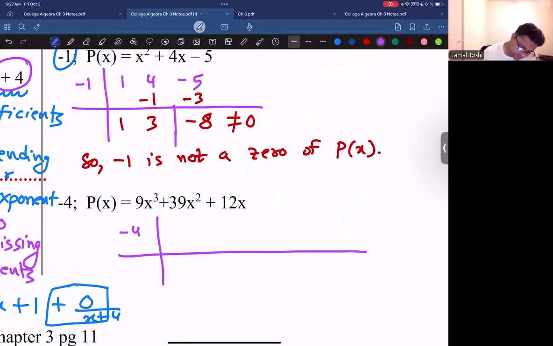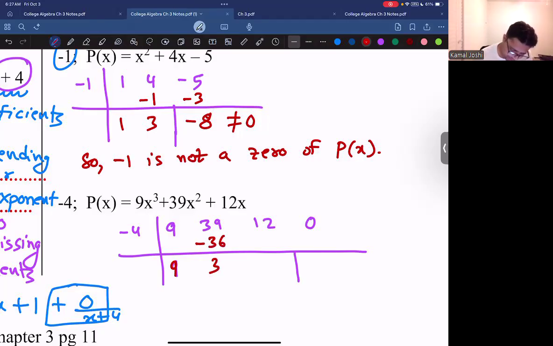Coefficient of the cube, the square, x, and remember there has to be a constant term. If the constant term is missing, then that's 0. 9 is dropped here. 4 times minus 9 is minus 36.